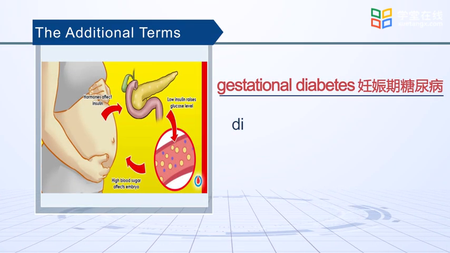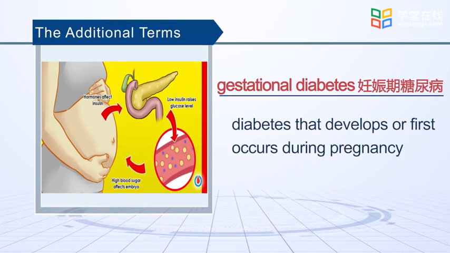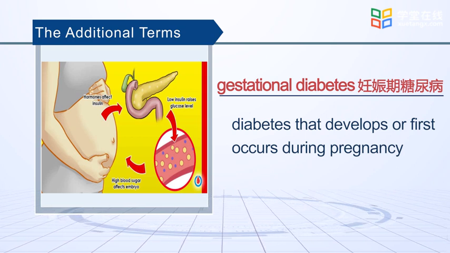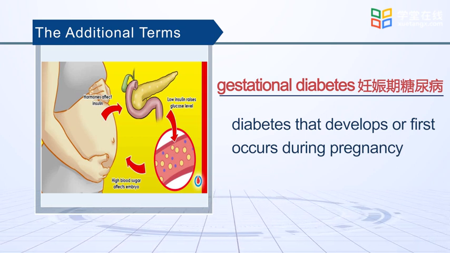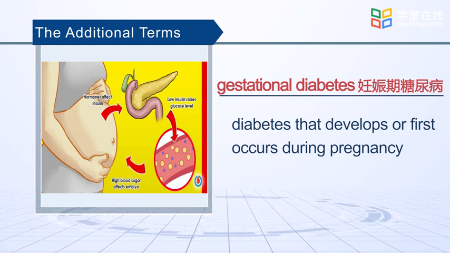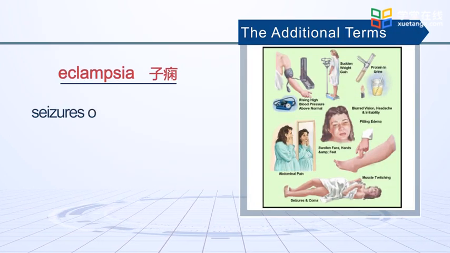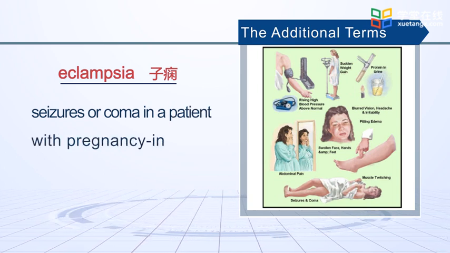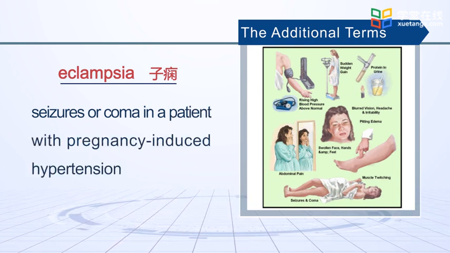Gestational diabetes is diabetes that develops or first occurs during pregnancy. Eclampsia, seizures or coma in a patient with pregnancy-induced hypertension.